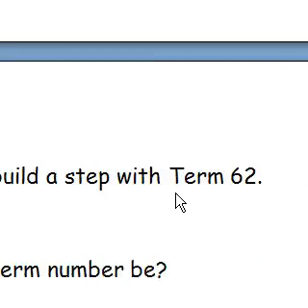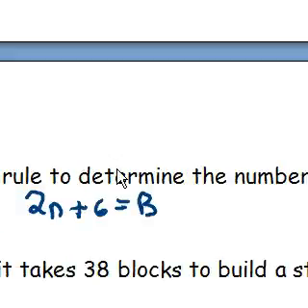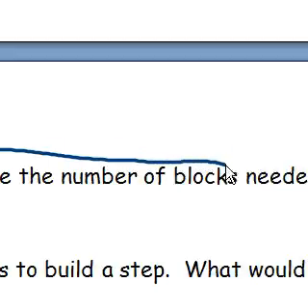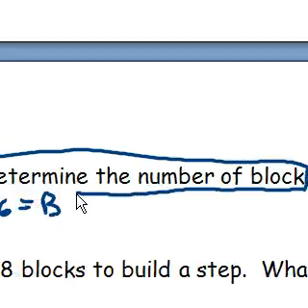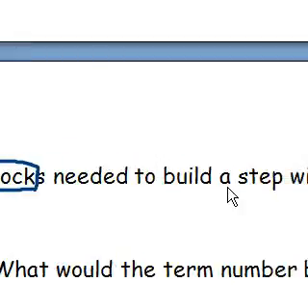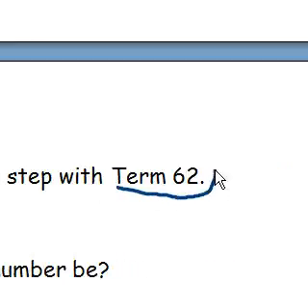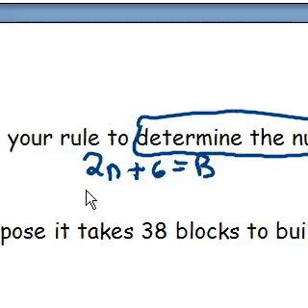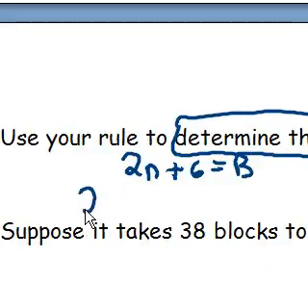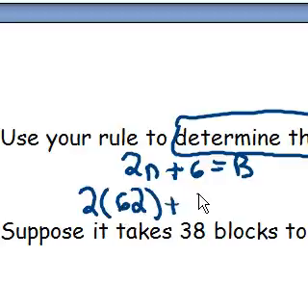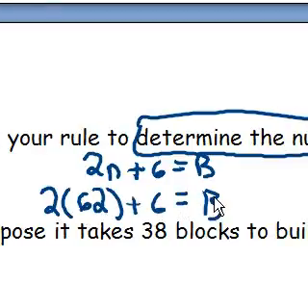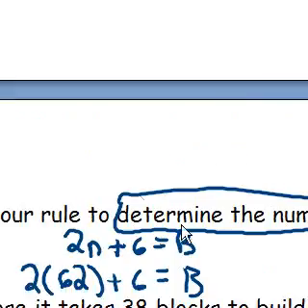And here it's telling us we need to determine the number of blocks when our term is 62. So all we do here is we take our rule and adapt it to this problem. 2 times 62 plus 6 equals B. And I will let you figure out the answer to that.